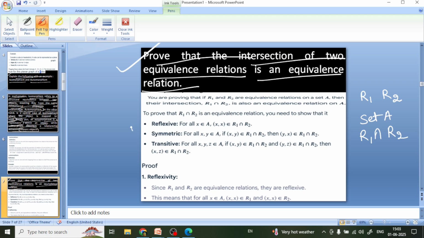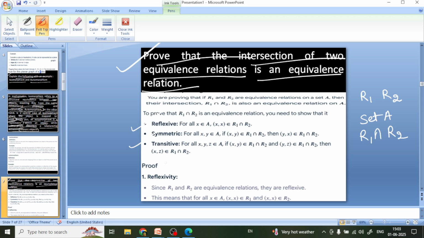And in the second, symmetric: for all (x, y) belonging to A, if (x, y) belongs to R1 intersection R2, then (y, x) also belongs to R1 intersection R2.